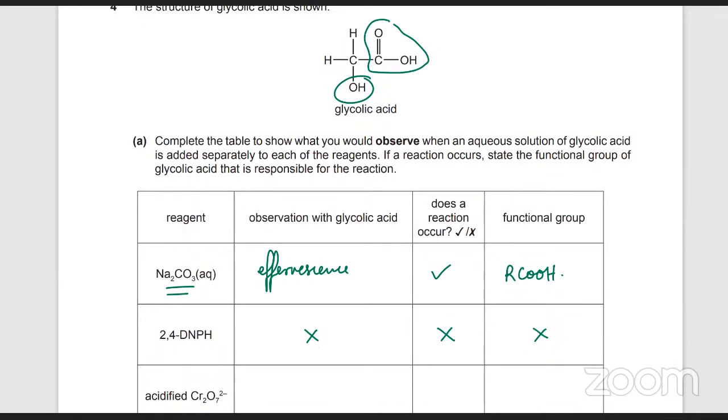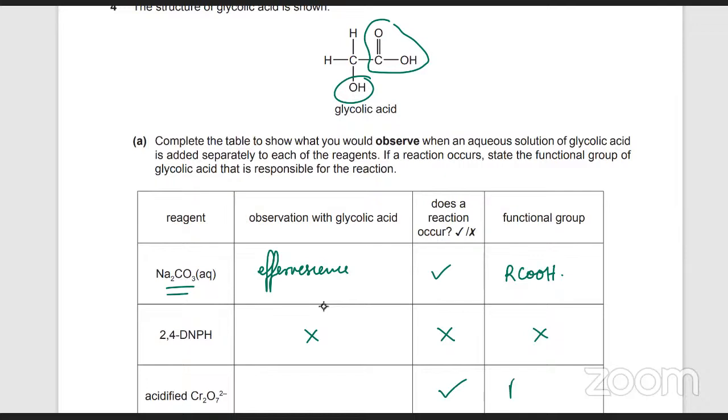With dichromate(VI), K2Cr2O7. Is this a primary alcohol, a secondary, or a tertiary alcohol? Primary. What will dichromate(VI) do? Oxidize it. So what color change will happen? Purple to colorless?